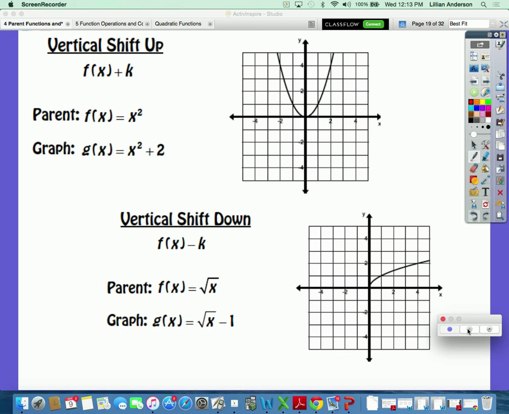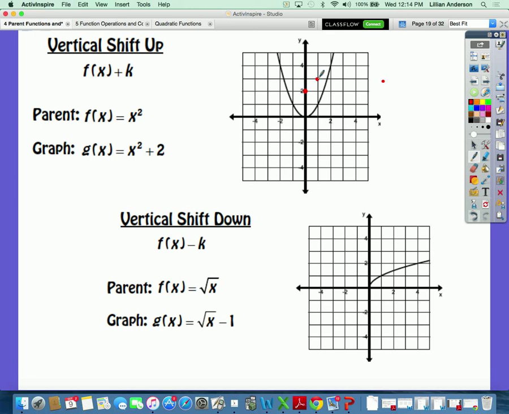So that means that every point on that original parent function is going to be up 2 units. So the point that was at 0, 0 is now going to be where? 0, 2. It got moved up 2 spots. That point that was at 1, 1 is now going to be where? It moves which way?